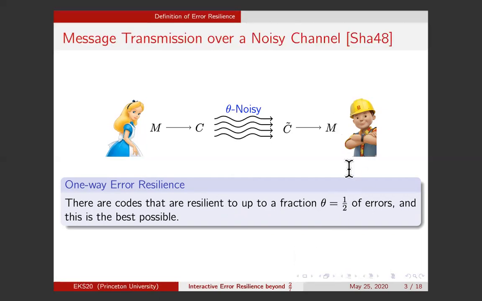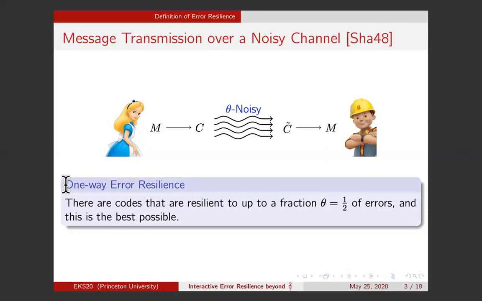What that means is that as long as the fraction of errors is less than 1/2, Bob will be able to recover Alice's message. And if the fraction of errors is more than 1/2, then there's nothing Alice can do to send her message across to Bob. As the task of message transmission is one way, with only one of the parties, that is Alice, speaking to Bob, this value 1/2 is known as the error resilience of the one-way communication channel.